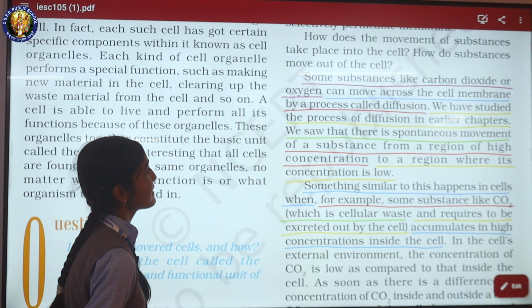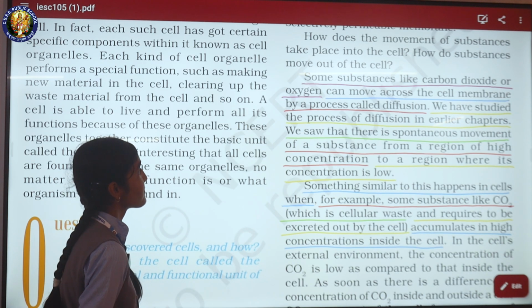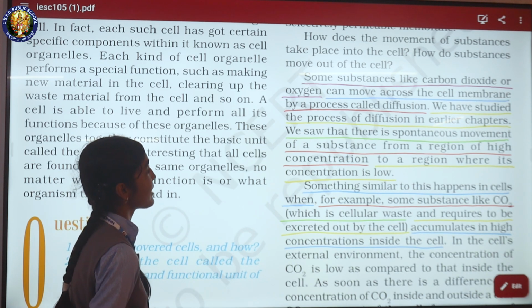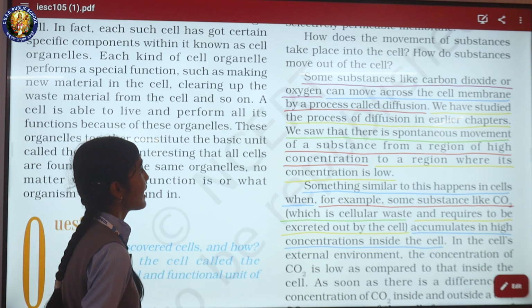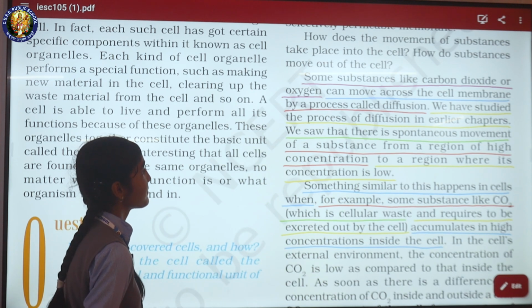Some substances like carbon dioxide or oxygen can move across the cell membrane by a process called diffusion. We have studied the process of diffusion in earlier chapters.